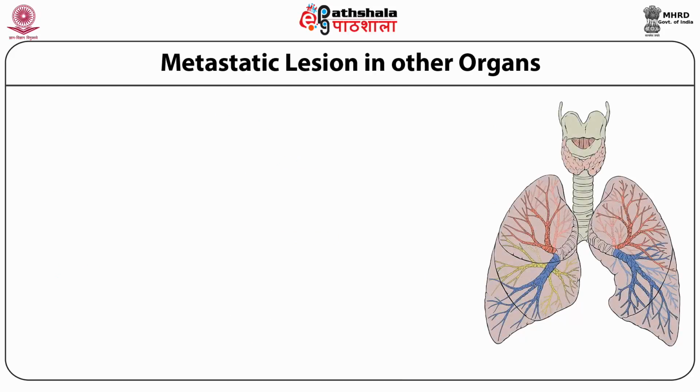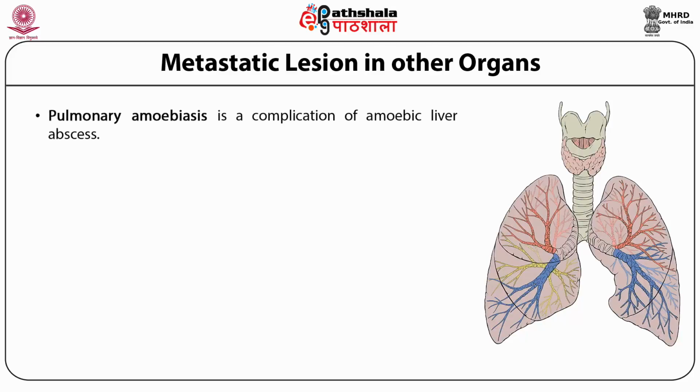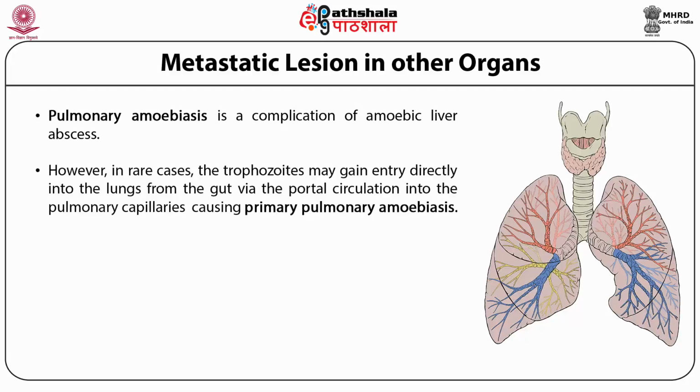Let us talk about the metastatic lesions in other organs, having talked earlier about the metastatic lesions in the spleen, liver, etc. Pulmonary amoebiasis is a complication of amoebic liver abscess. However, in rare cases, the trophozoites may gain entry directly into the lungs from the gut via the portal circulation into the pulmonary capillaries, causing primary pulmonary amoebiasis.